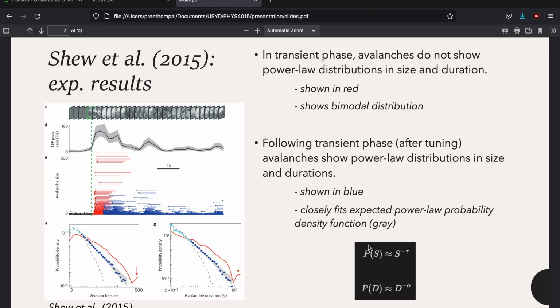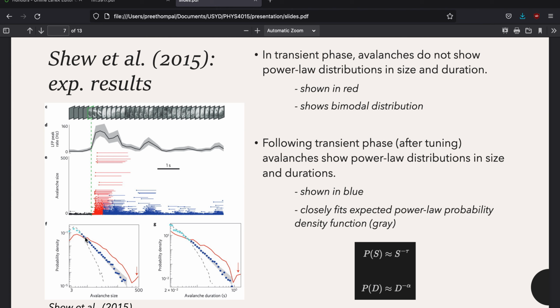They find, after observing the distributions of avalanches, that there are these two phases of avalanches. Initially, they call it the transient phase, where avalanches are not showing power law distributions in size and duration. You can see that down here, where if we count the avalanches just in this initial phase where the movie's turned on, they have this distribution.